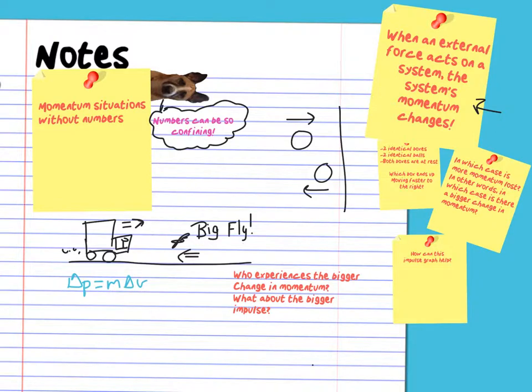But they didn't really tell me the velocities. I don't really know anything about the velocities here. So I can't really figure out my change of momentum using this. But what is my change of momentum equal to? Oh, it's also equal to the impulse, isn't it?